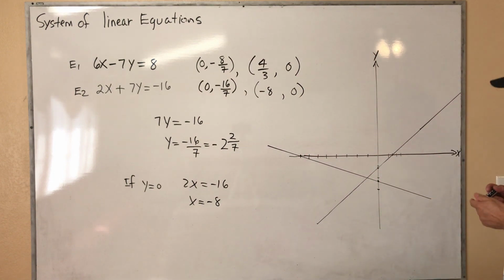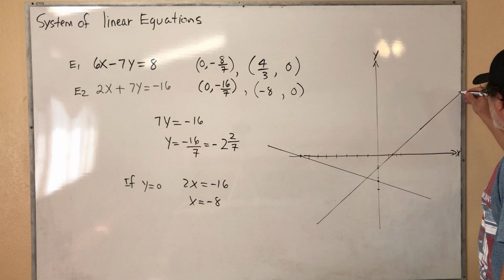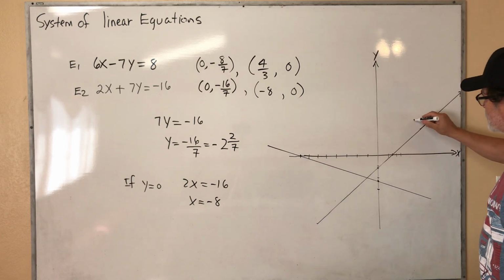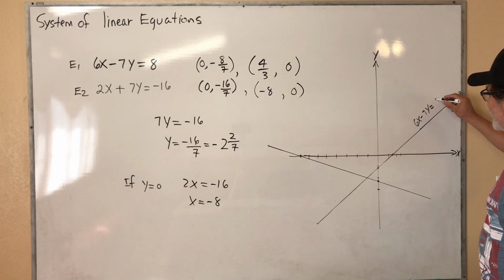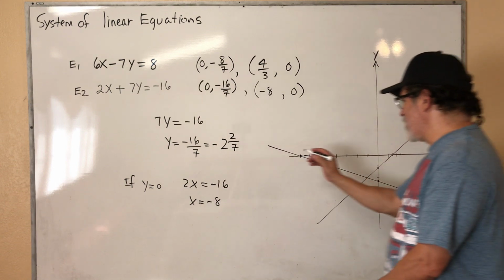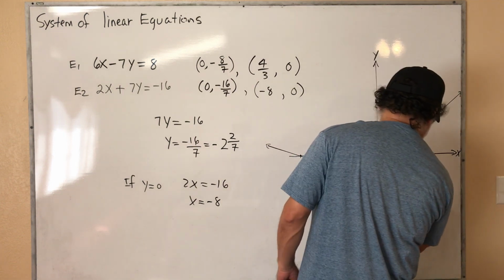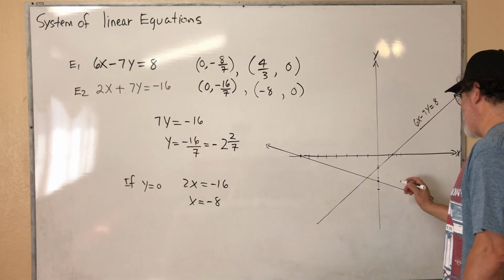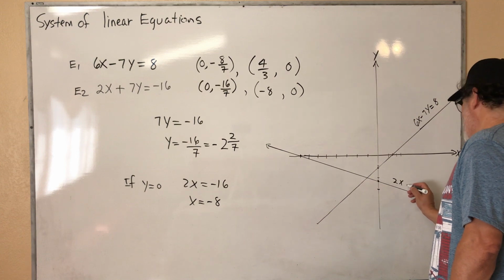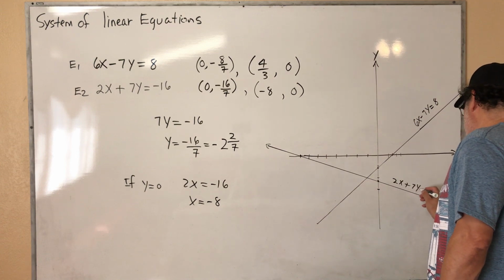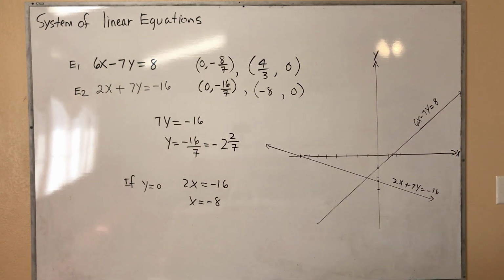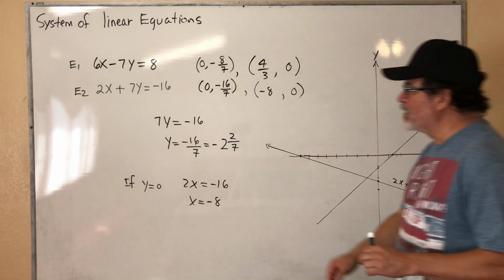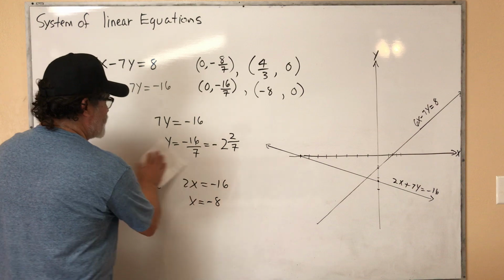So please understand, this equation goes forever and ever. Okay, and this equation is 6x minus 7y equals 8. And this one here is going to be 2x plus 7y equals negative 16. Okay? And you guys know how I got them. Okay? So let me erase this.